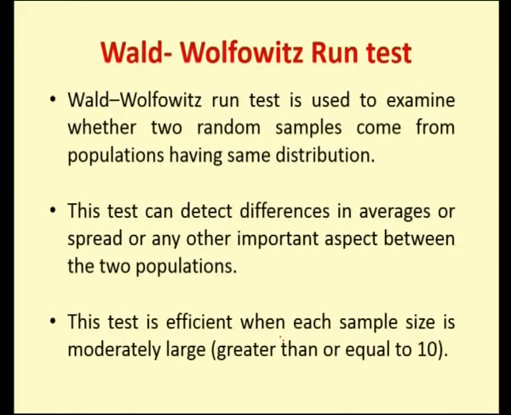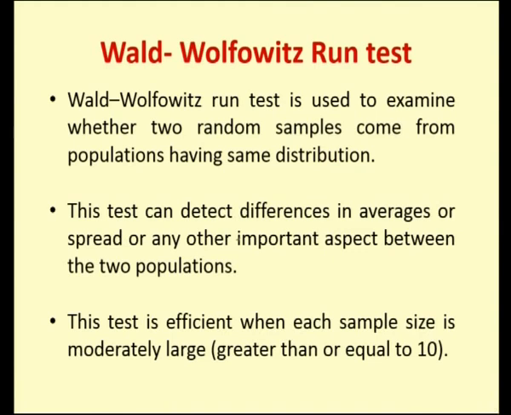Now we will go to the main part of the problem, that is the Wald-Wolfowitz run test. Now that you are familiar with runs, what does the Wald-Wolfowitz run test say? This test is used to examine whether two random samples come from populations having the same distribution.